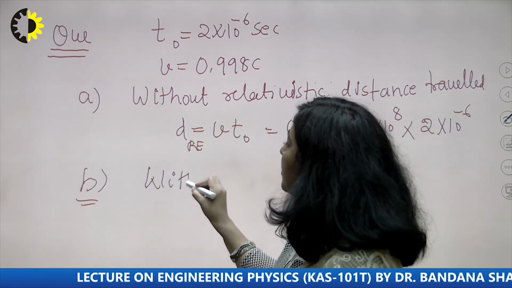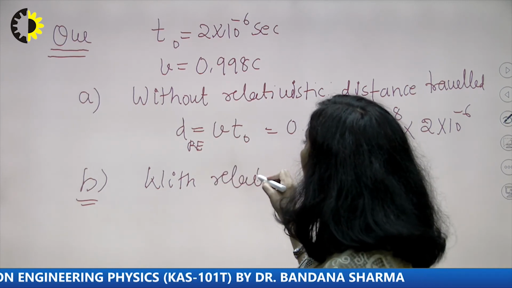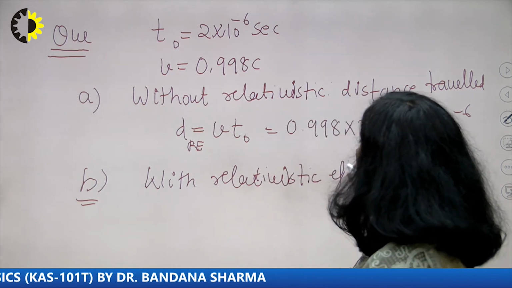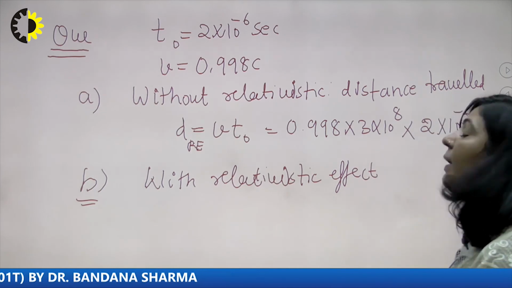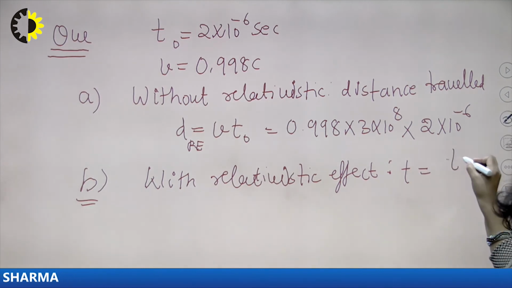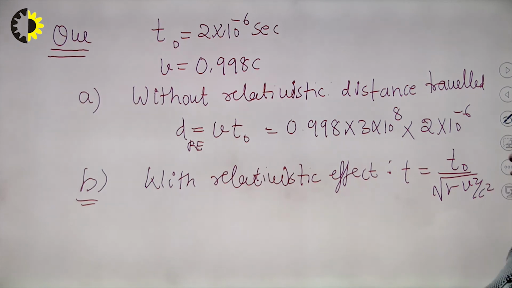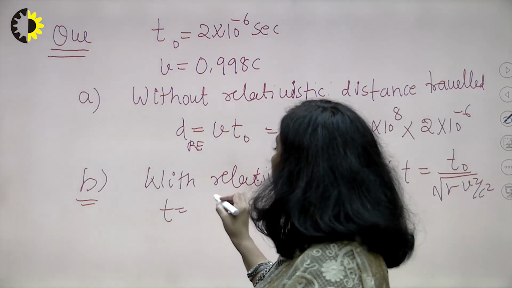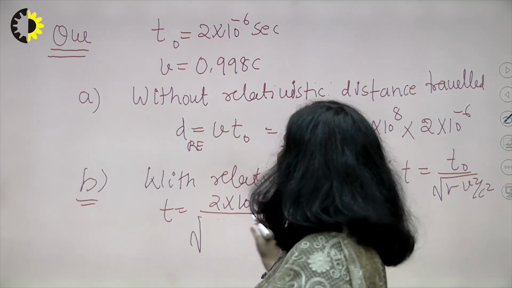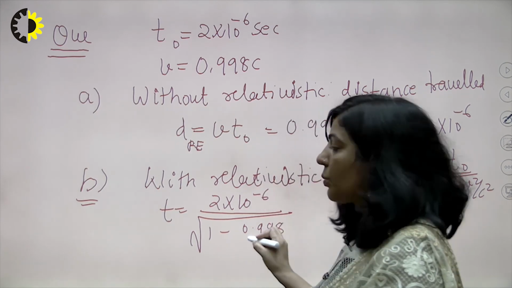The first part was without relativistic effect and the second one is with relativistic effect. When you consider the relativistic effect, the time is not 2 microseconds; it becomes longer by the factor t naught upon root 1 minus v square upon c square. So you have to find that time first. It will be t naught, which is 2 into 10 raised to power minus 6, upon under root 1 minus (0.998 c) square upon c square, where c square will get cancelled.